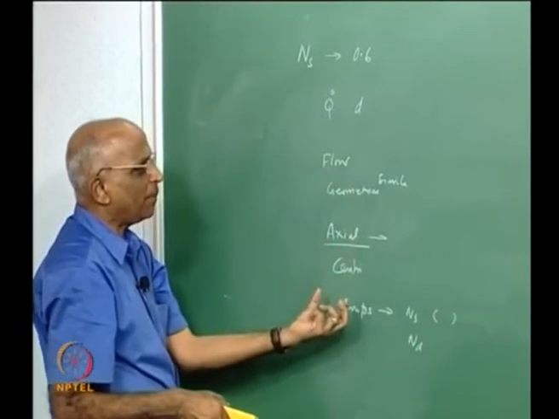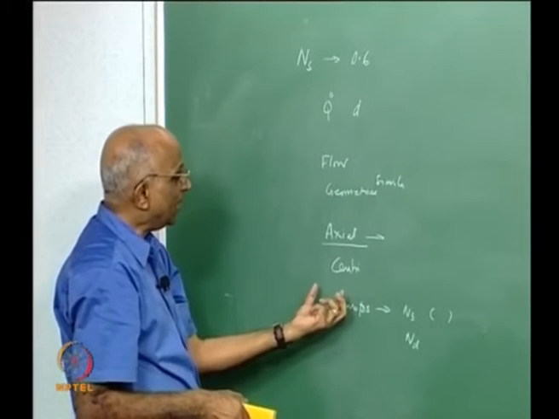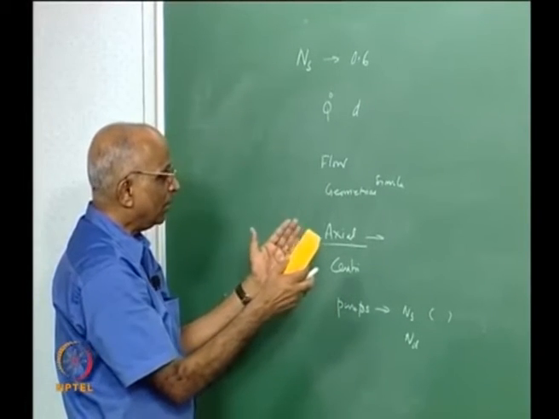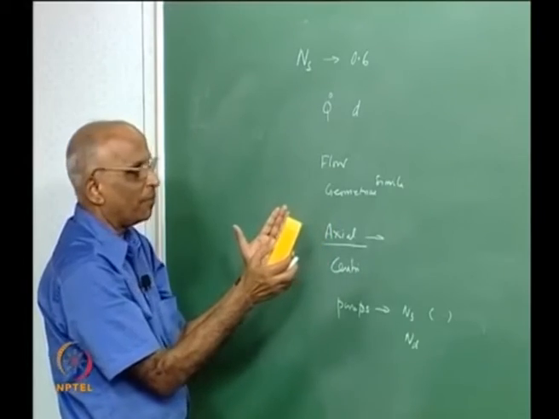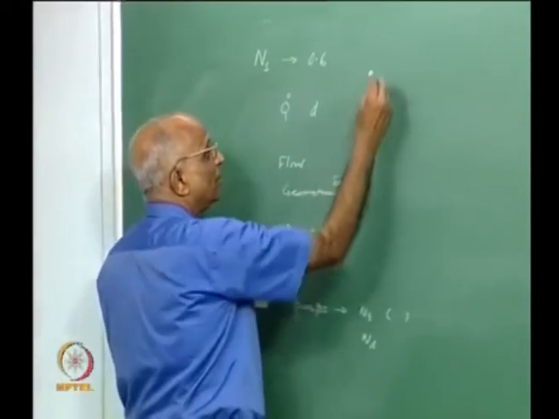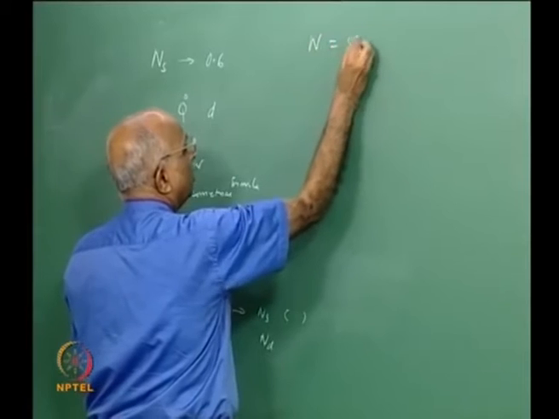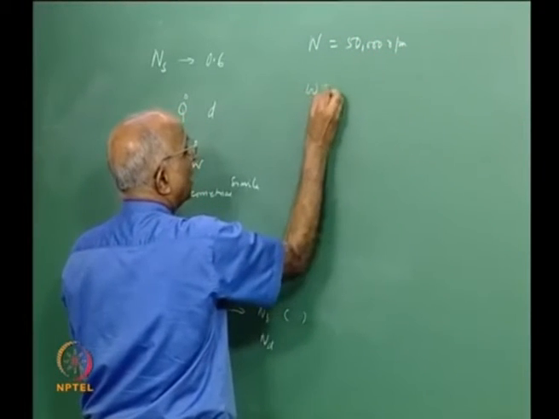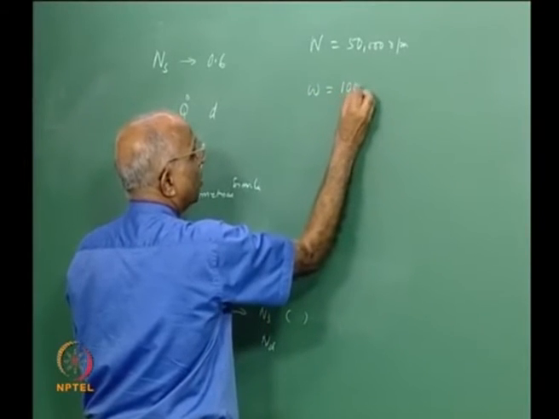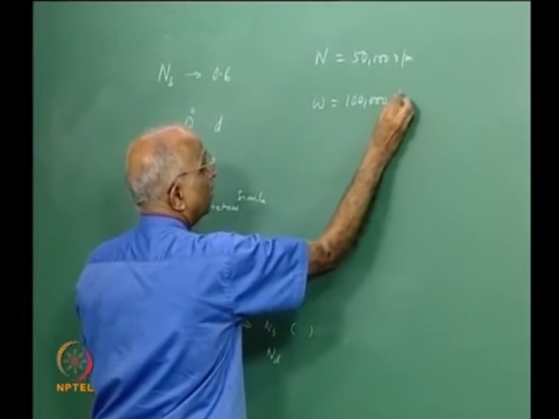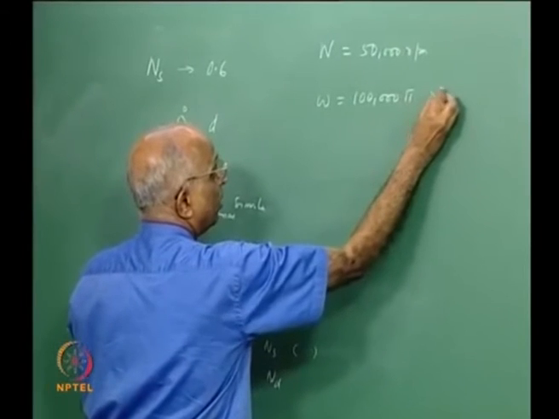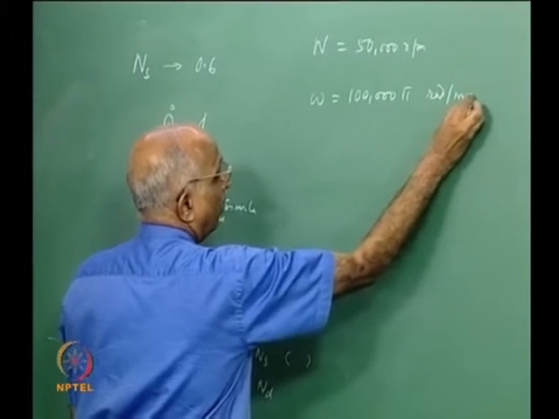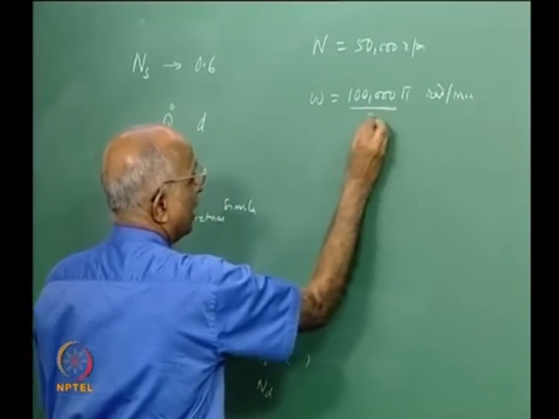Therefore, these non-dimensional parameters are powerful because they allow us to determine the range of operation of a particular system. Like what we said, the speed of a pump may be 50,000 rpm, therefore omega is equal to, let us say, 100,000 pi radians per minute, or to convert it to radians per second I divide it by 60.